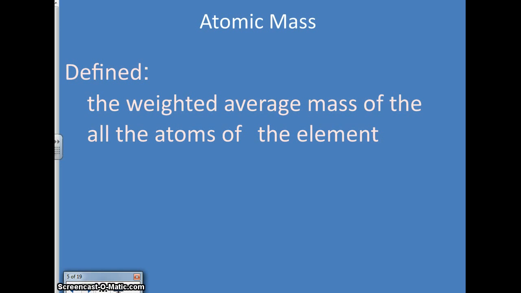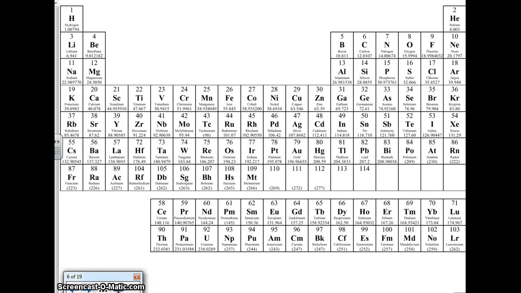So atomic mass is defined as the weighted average mass of all of the atoms of the element. If you remember, all of the atoms refers to all the isotopes of that element. So how heavy these atoms are. If you were to take a look at this periodic table, you can see, if you look in a vertical column, beryllium weighs about 9 atomic mass units, magnesium weighs 24, calcium's 40, strontium's 87, and so on and so forth.